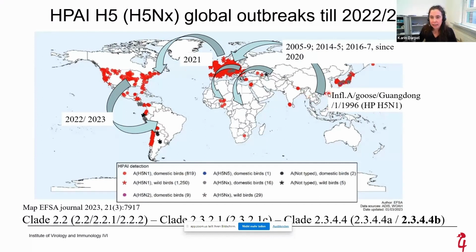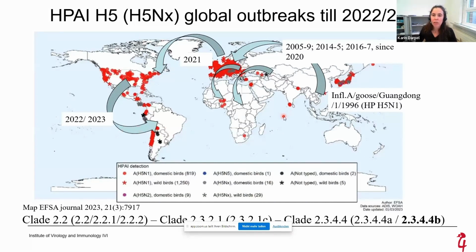But in the following years, the importance of migratory wild birds became absolutely clear, when H5Nx HPAI virus strains began to spread in waves along the main migratory bird routes into Europe, also into Africa, although there is less information about the exact emergence and transmission of HPAI in birds in Africa, also into North America, and now recently into South America.